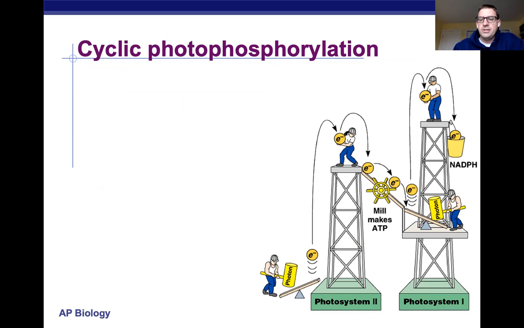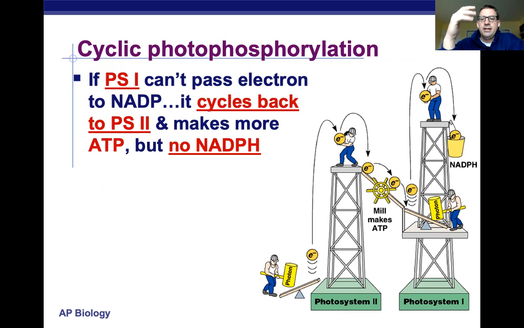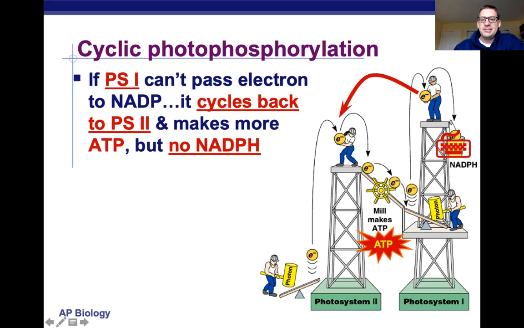However, there's also something that occurs in many plants called cyclic photophosphorylation, where rather than passing the electrons from photosystem 1 on to NADP, they cycle back to the original electron transport chain to make more ATP, but no NADPH. And that's why this is referred to as cyclic, because those electrons pass down their electron transport chain, get excited, and go back to that same electron transport chain.